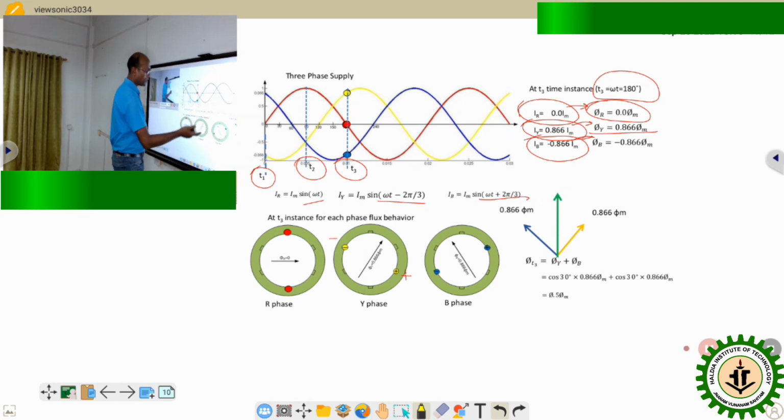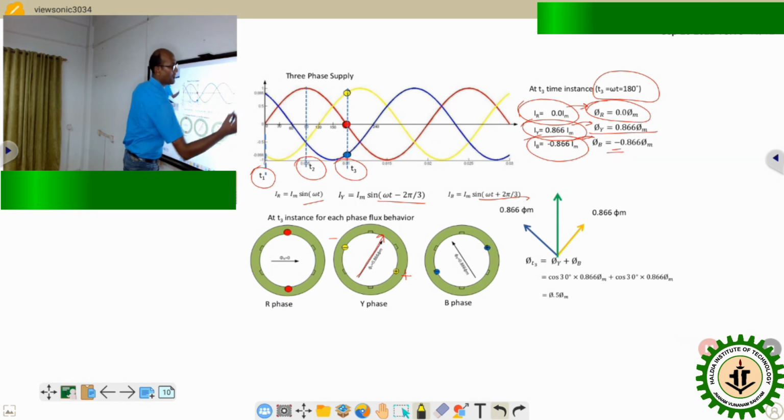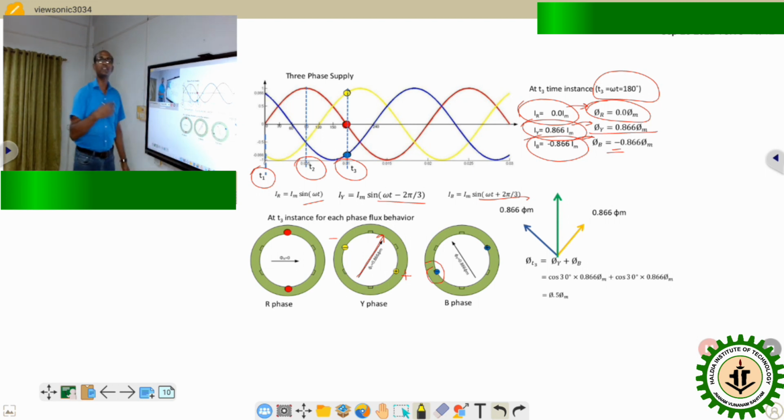Using my right hand thumb rule, I get the direction of their contributing fluxes, that is the upward direction, 0.866 phi m. Similarly for the B phase, because the sign is minus, B dash will be the opposite of minus, that means plus.